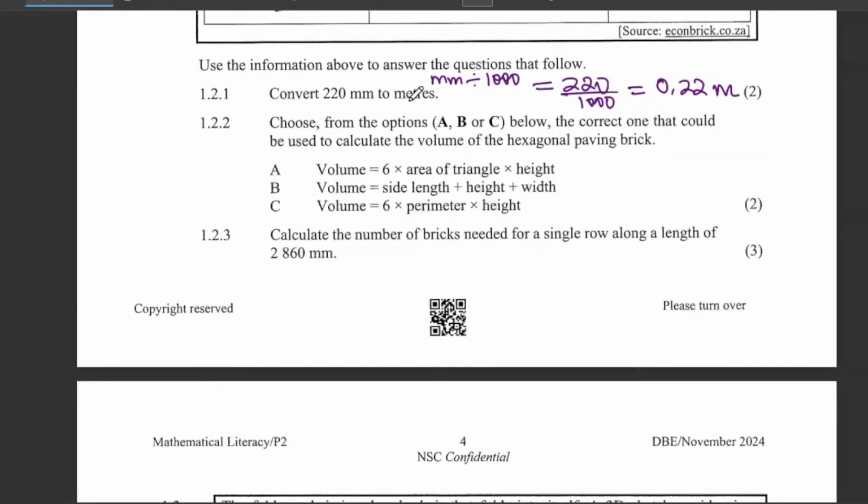Choose from option A, B, or C below the correct one that could be used to calculate the volume of the hexagonal paving brick. Take note of that.